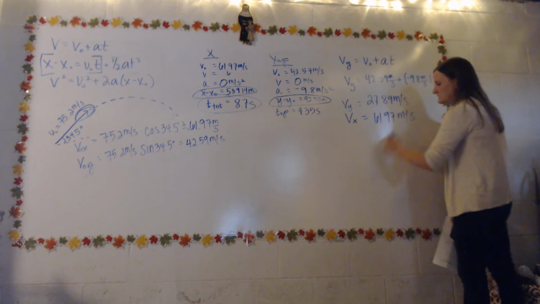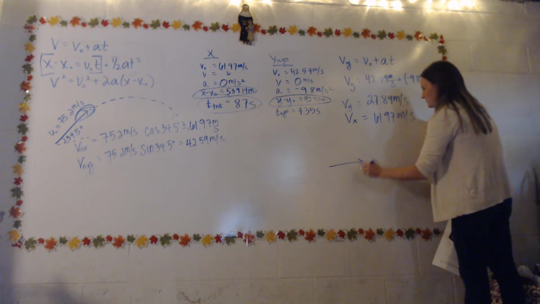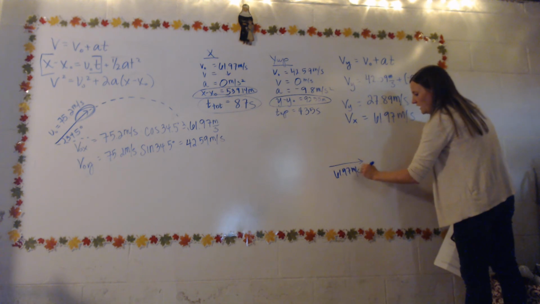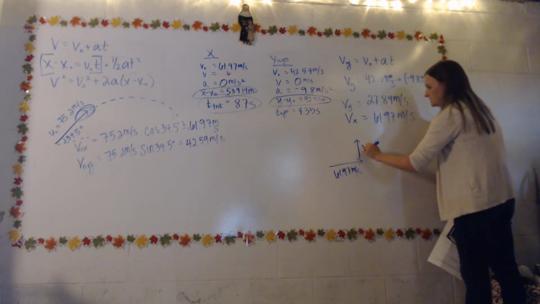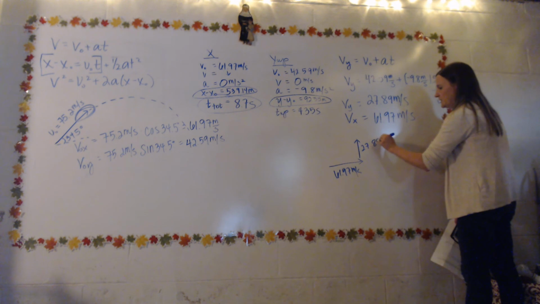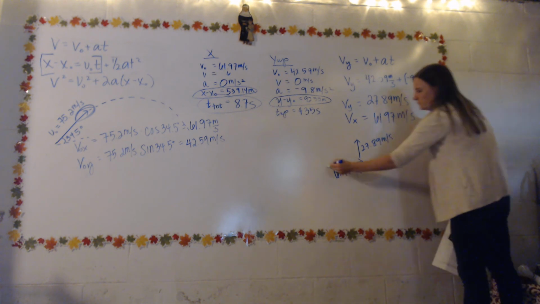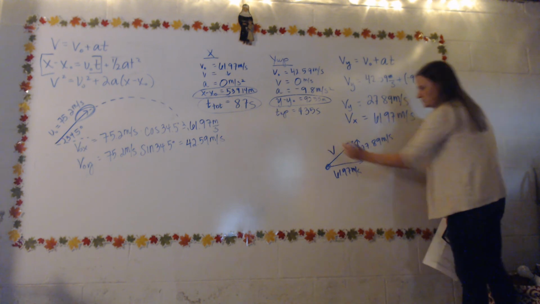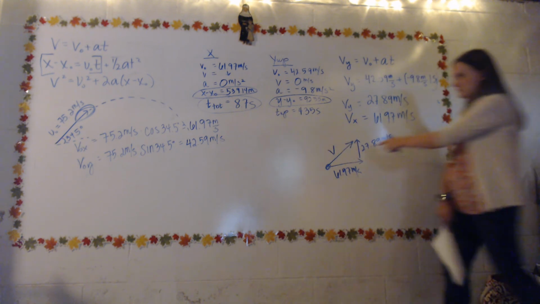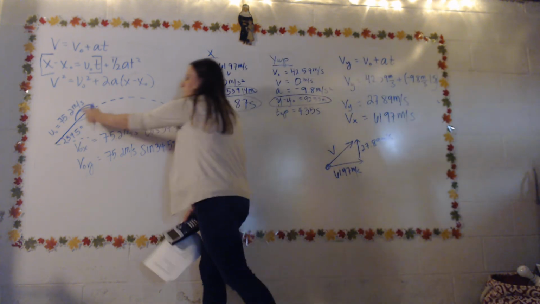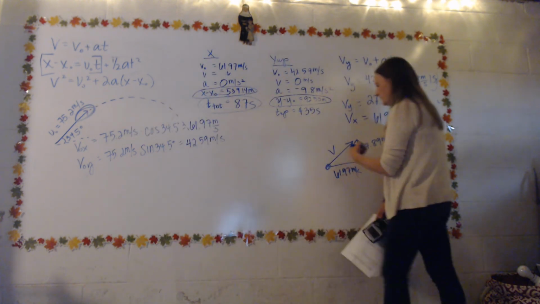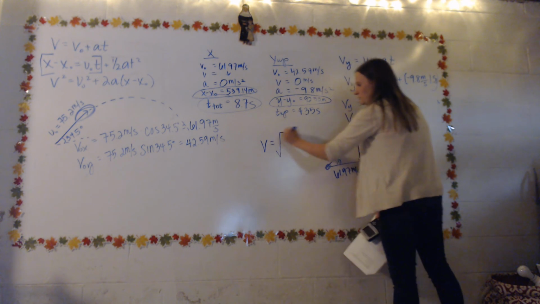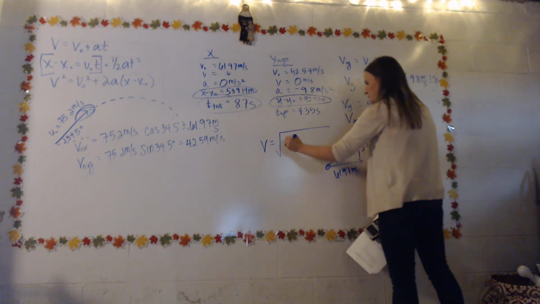So x is to the right because it's positive 61.97. Y is up because it's also positive 27.89. So the total velocity is this resultant, the hypotenuse of that triangle, which lines up with what we're seeing, right, if it's around here. So I'd use the Pythagorean theorem. The total velocity would be equal to the square root of x squared plus y squared.